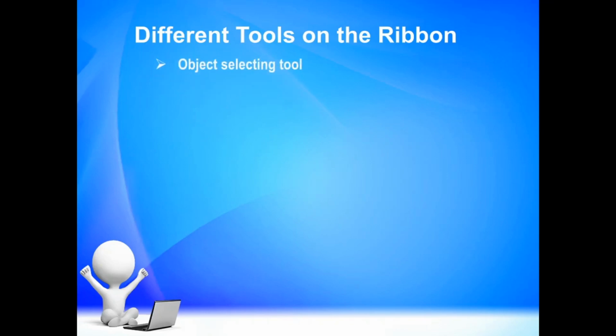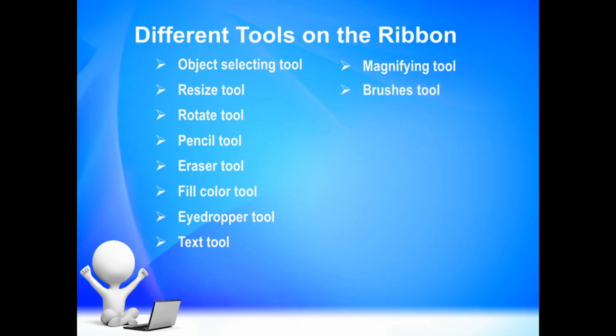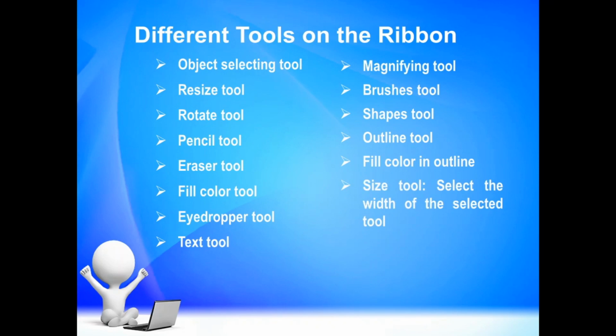Object selecting tool, then resize tool, rotate tool, pencil tool, eraser tool, fill color tool, eyedropper tool, text tool, magnifying tool, brushes tool, shapes tool, outline tool, fill color in outline, size tool, select the width of the selected tool, foreground color, background color.